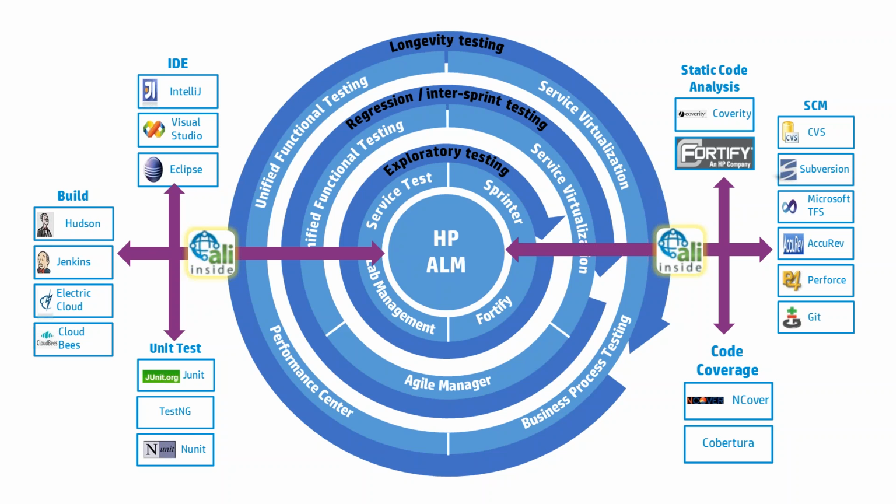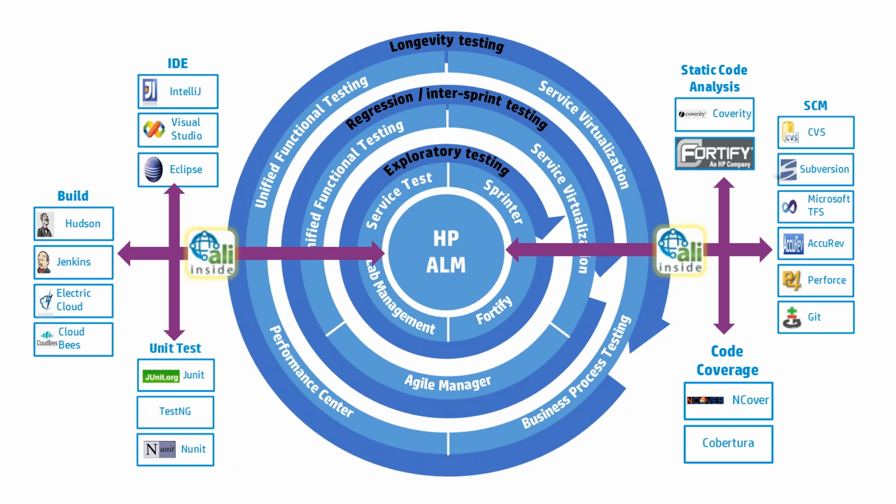Lab Management is where you can define different servers and hosts so that you can execute scripts using what's called server-side execution, versus the client-side execution in a traditional ALM environment in the Test Lab module.